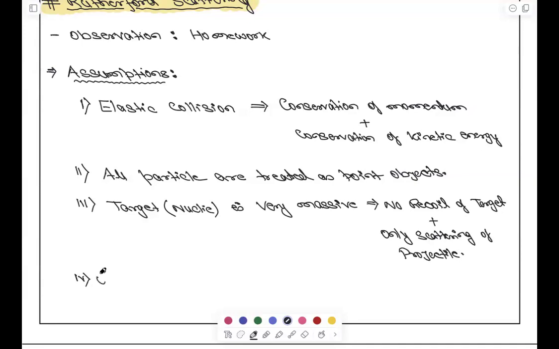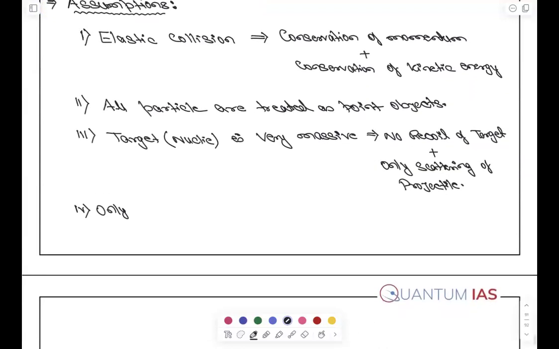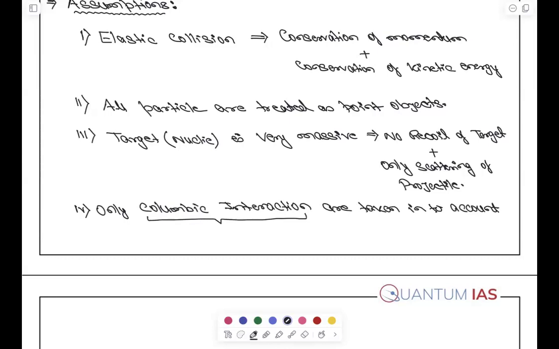And fourth, the only interaction that we are considering here is Coulombic. Only Coulombic interaction is taken into account. Now you should know: no screening effect of electron.